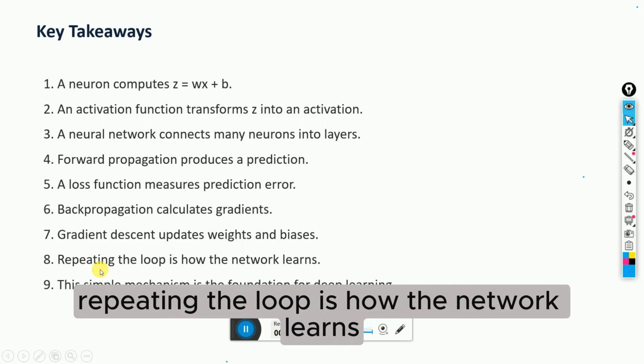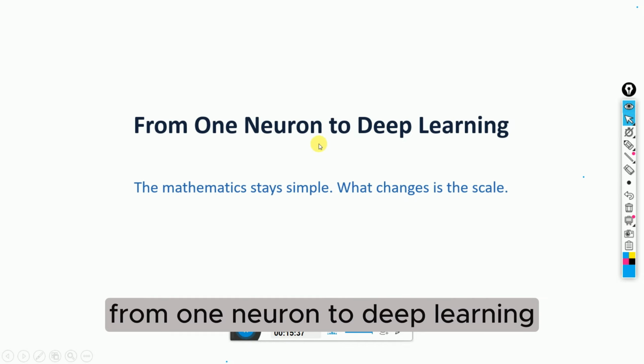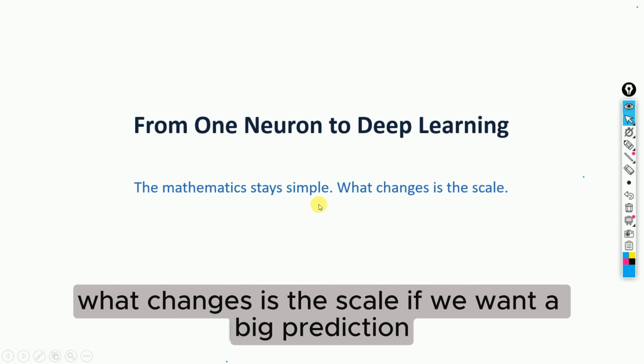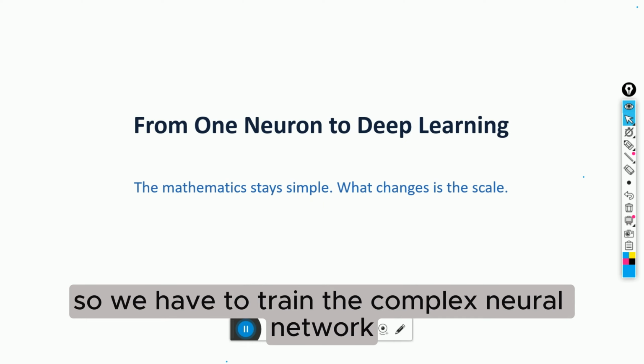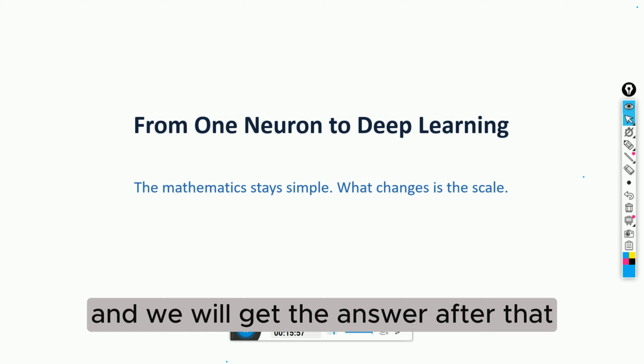Repeating the loop is how the network learns. This simple mechanism is the foundation of deep learning. From one neuron to deep learning, the mathematics stays simple. What changes is the scale. If we want a big prediction, we have to train a complex neural network that has many hidden layers, and we will get the answer after that.